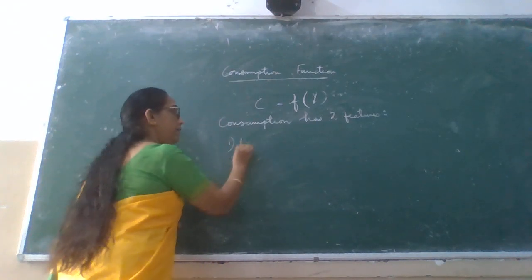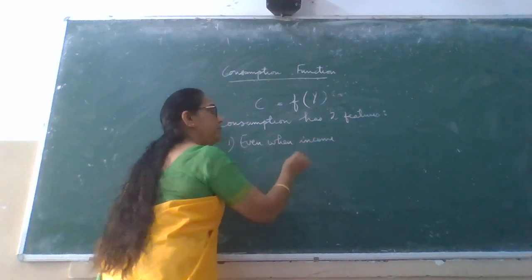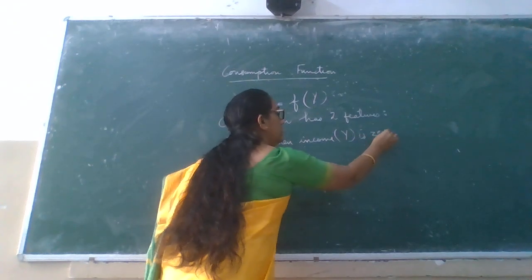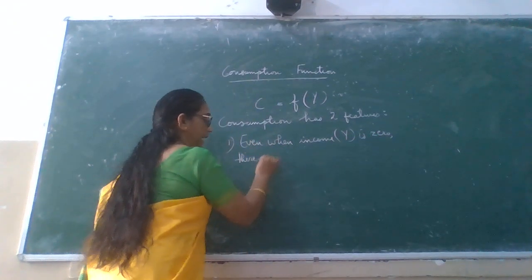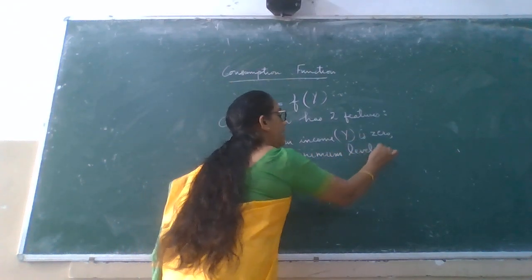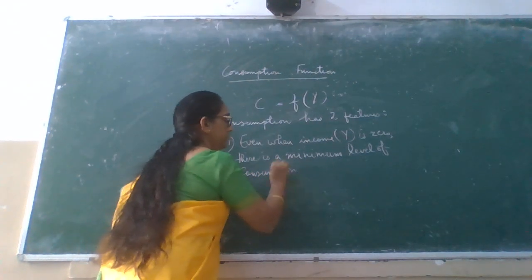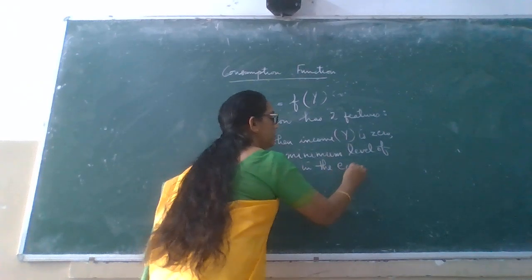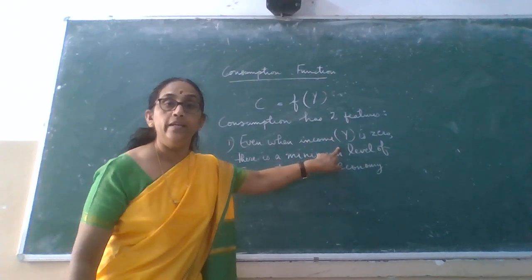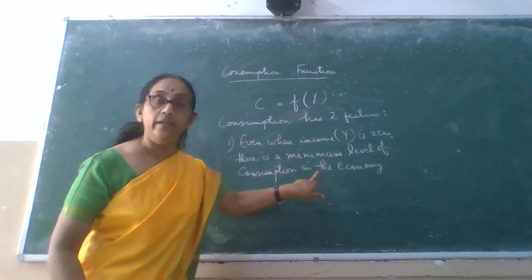Number one, even when the income is zero, income is national income, that is Y, there is a minimum level of consumption in the economy. Even when the income level in the economy is zero, still there is a minimum level of consumption in the economy.